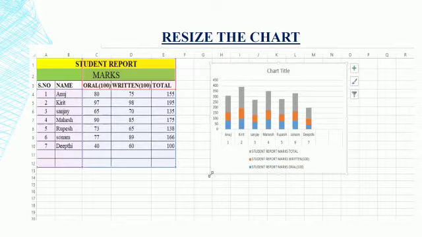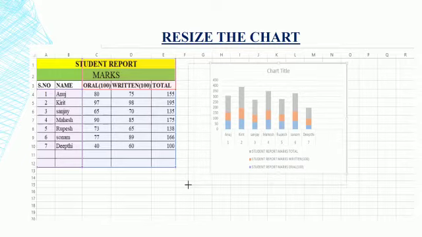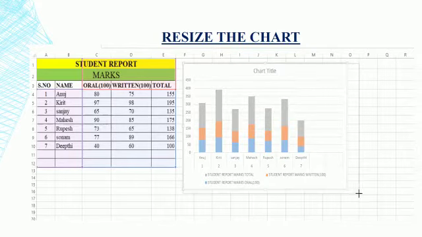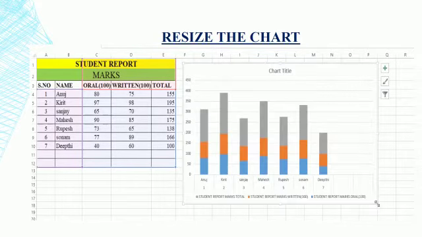Now, drag the handle to the desired direction. You can observe the screen, children. The chart has been increased. Understood, children?